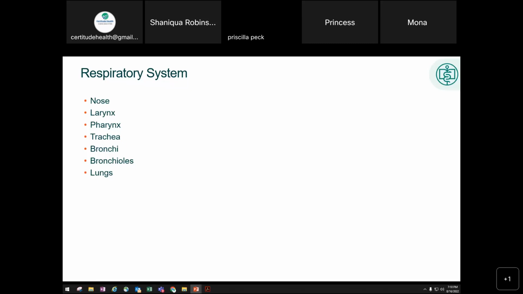You start with an atom. An atom makes cells. A group of cells is called tissues. A group of tissues makes organs, and then groups of organs make your organ systems.